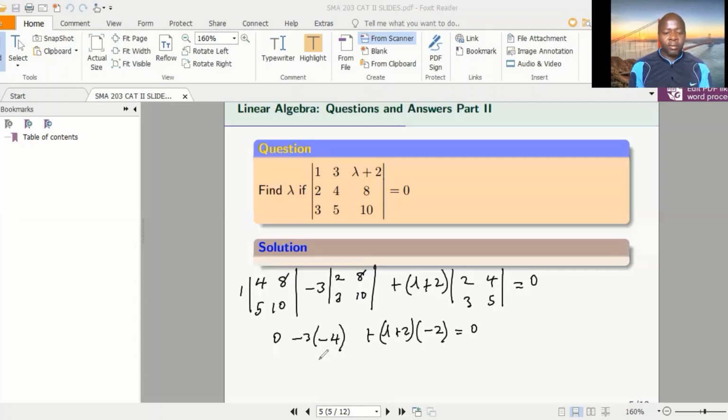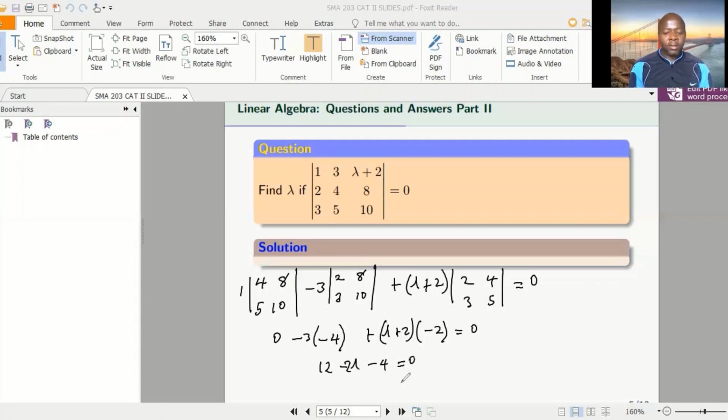Now what do you have here? You have 12, and here minus lambda minus 4, and this minus 2 lambda, minus 2 lambda minus 4 is equal to 0.